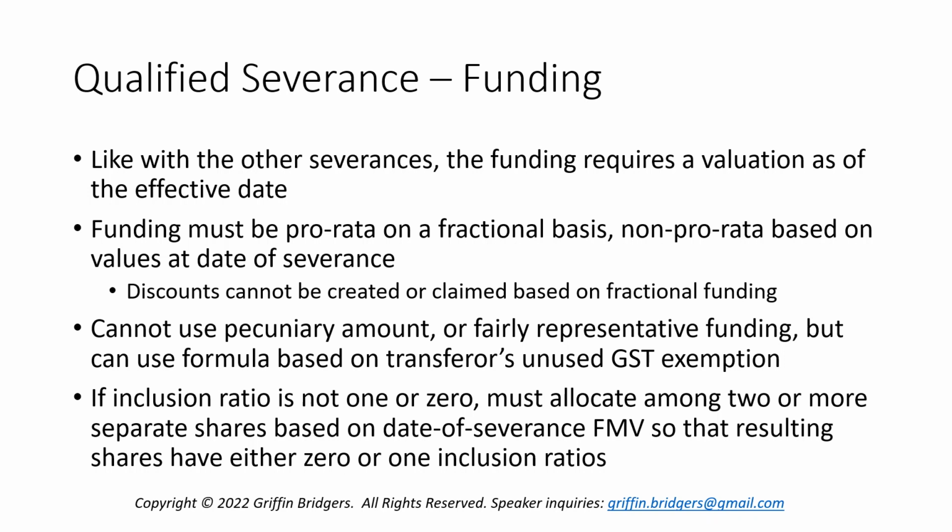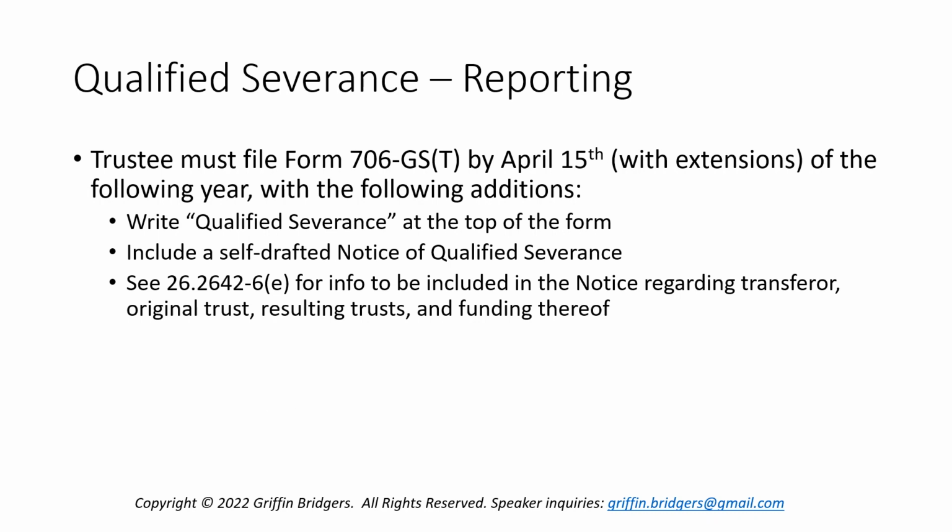Then finally, if the inclusion ratio is not 1 or 0, you have to allocate to 2 or more separate shares, and you have to use that, again, based on the date of severance fair market value, but you have to do so in a way where all of the resulting shares have either a 0 or a 1 inclusion ratio. So the biggest piece in this is perhaps the reporting.